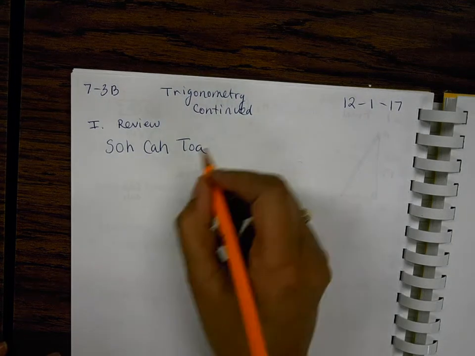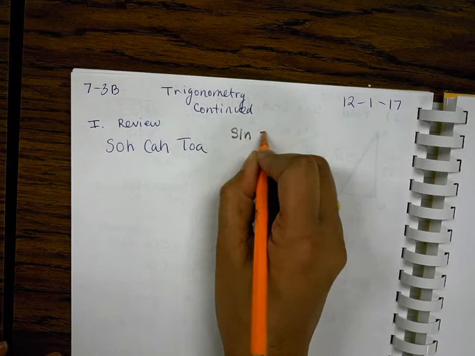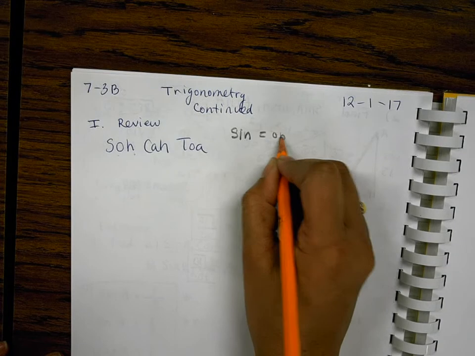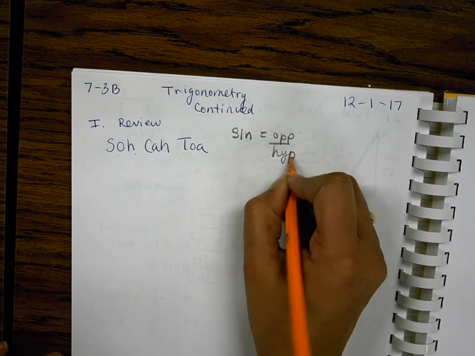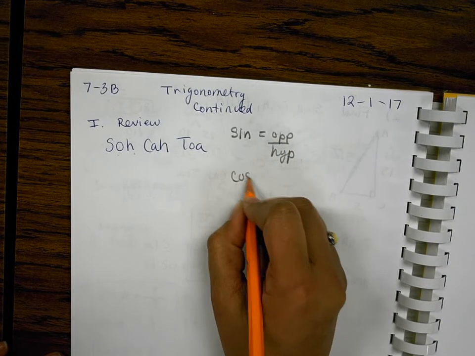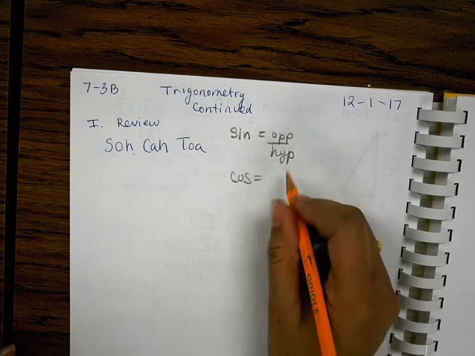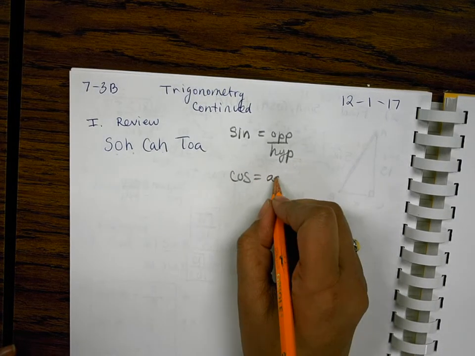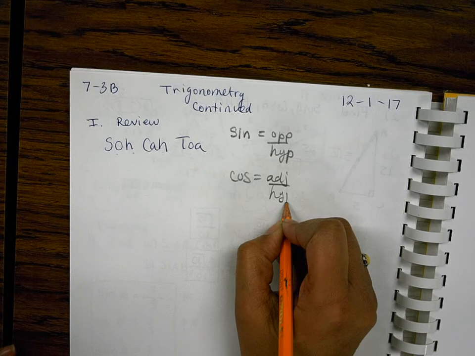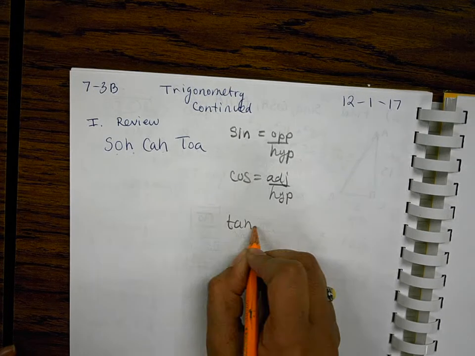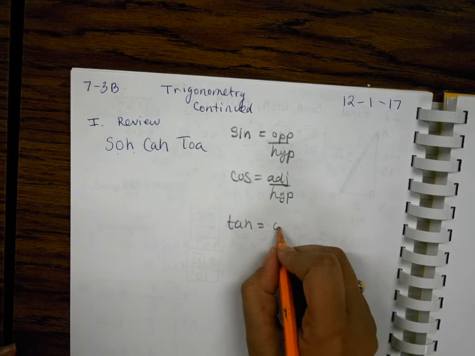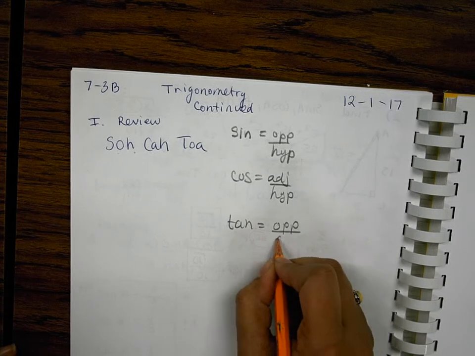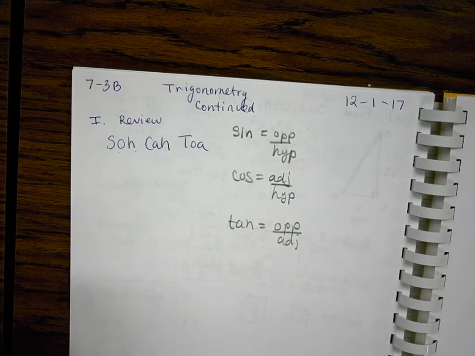S stands for sine, not sin, and it's opposite over hypotenuse. C stands for cosine, which you can call cos if you want. Cosine is A over H, adjacent over hypotenuse, and tangent or tan is opposite over adjacent.